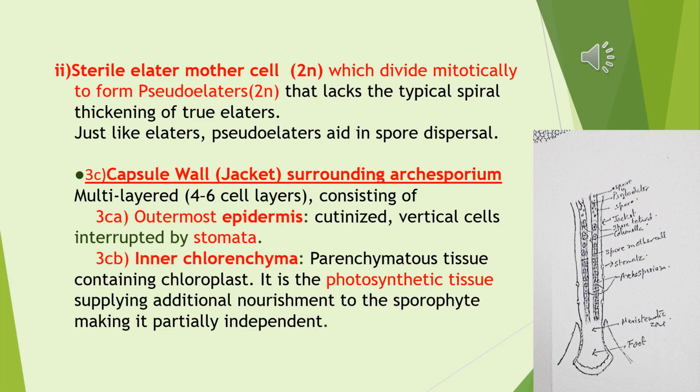Now interior to this is the inner chlorenchyma. These are parenchymatous tissue containing chloroplast. Therefore, it is the photosynthetic tissue supplying additional nourishment to the sporophyte, making it partially independent.